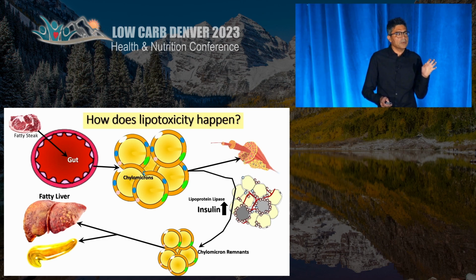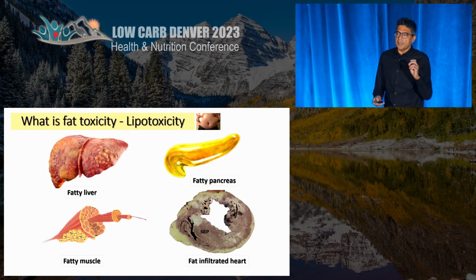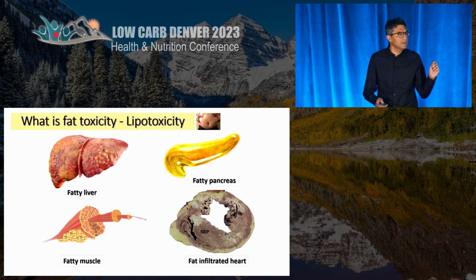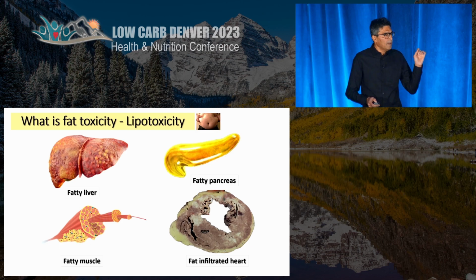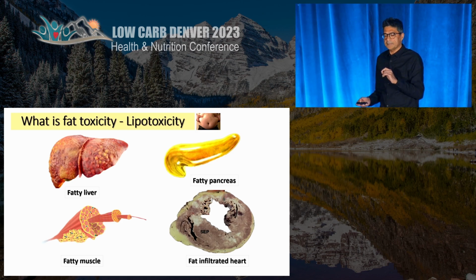The muscle is lipotoxic, and so these fat-filled globules remain in circulation. And when they remain in circulation, they cause fat deposition in organs that do not and should not have fat, and that's called ectopic fat deposition in the liver, in the muscle, in the pancreas, and the heart.